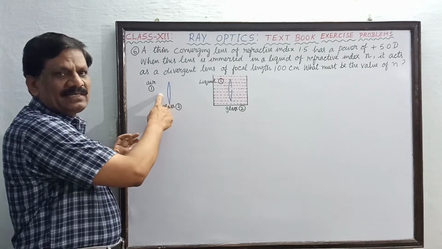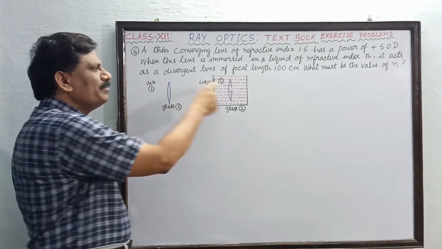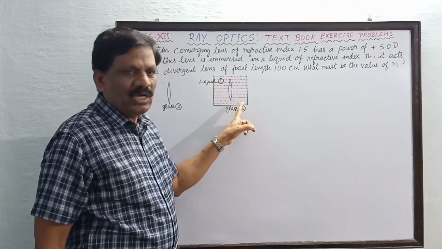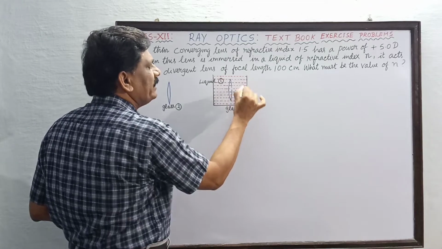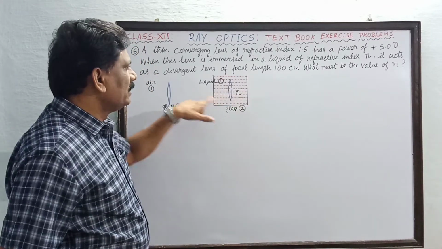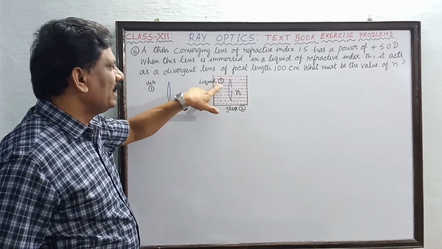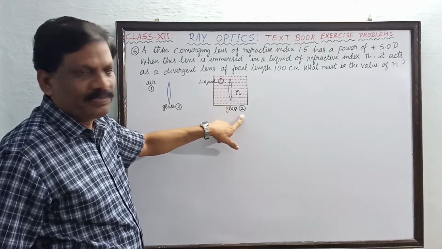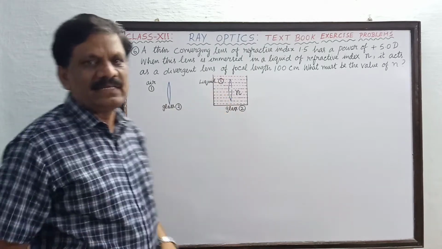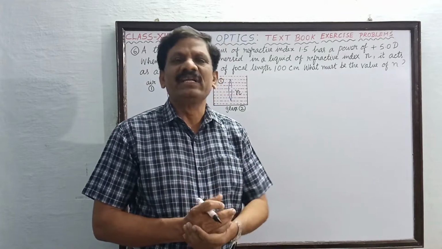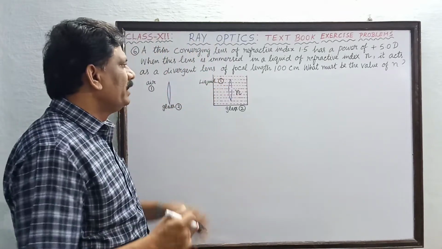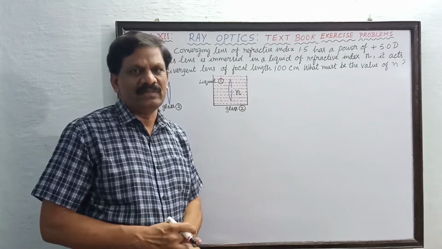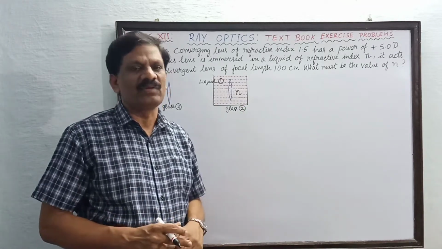When the same lens is immersed in a liquid whose refractive index is n, the first medium is liquid and the second medium is glass. Now it acts as a divergent lens, that is a concave lens. We have to determine the value of n by using the lens maker's formula.